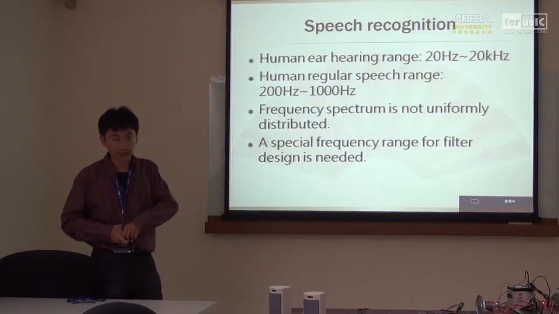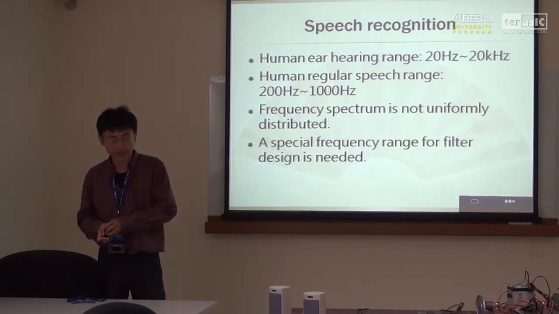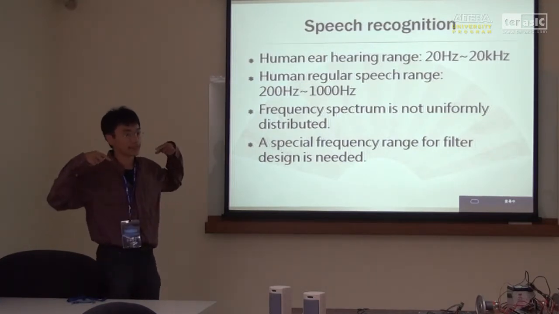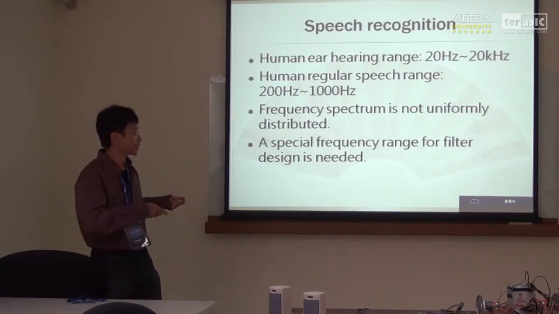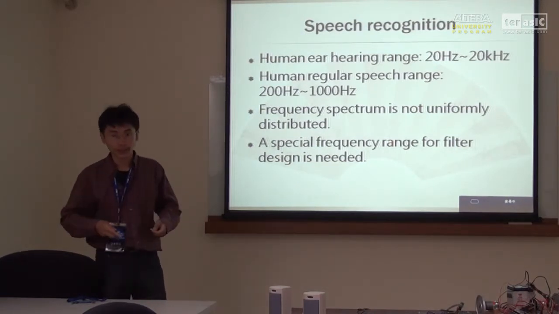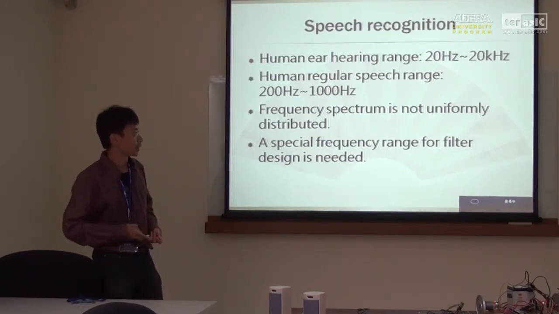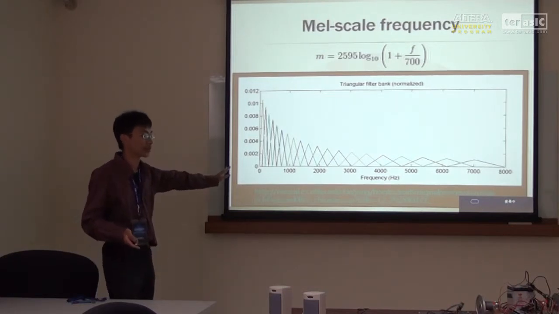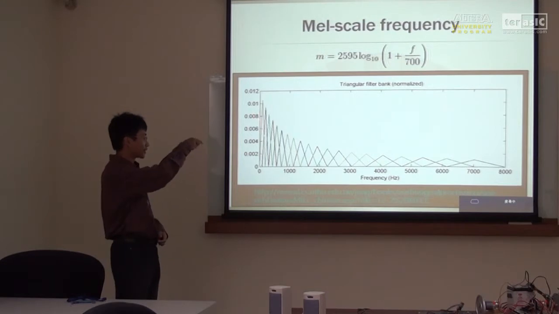From the information we have in our class, the human ear's listening frequency range is not uniformly distributed. In fact we have higher resolution in the lower frequency part. So we should have a filter like this.